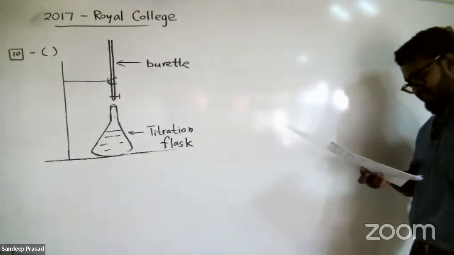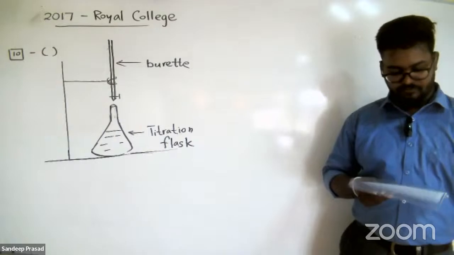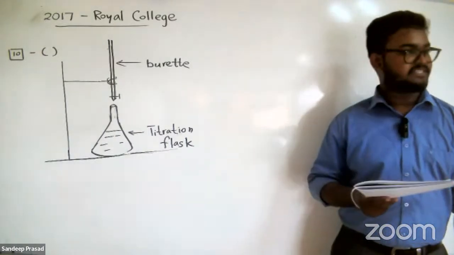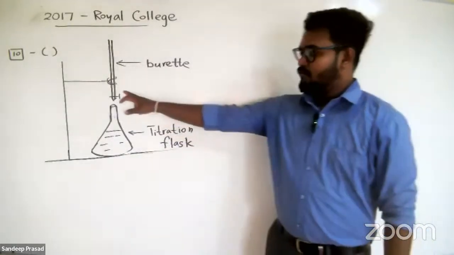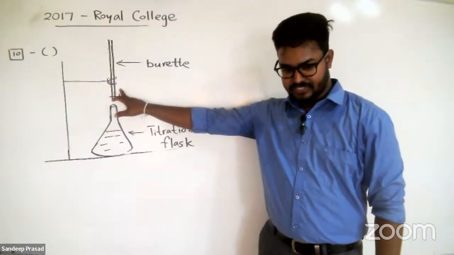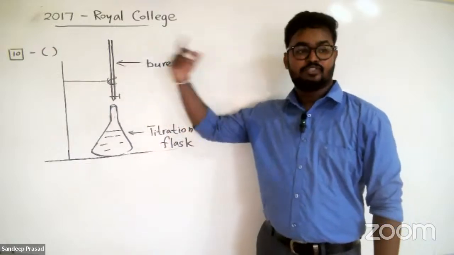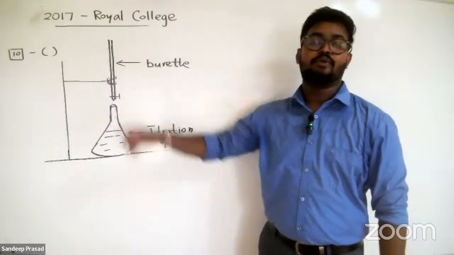They have given which are the correct procedures of doing a titration. Number one, washing the burette only with distilled water. Remember, students, when we are doing a titration, we wash the burette using distilled water, and not only distilled water, but also the solutions that we are going to add to the burette.